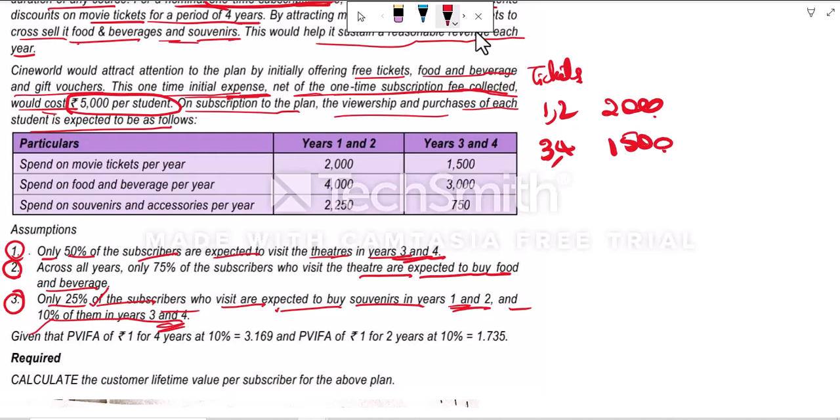We have to find the present value of this because it is to be collected in 1 and 2 years. What is the present value? The present value factor annuity for 1 and 2 years at 10% is 1.735. So 2,000 into 1.735 is 3,470.